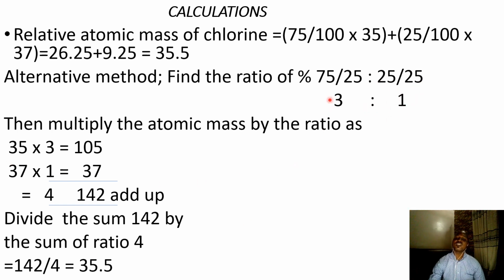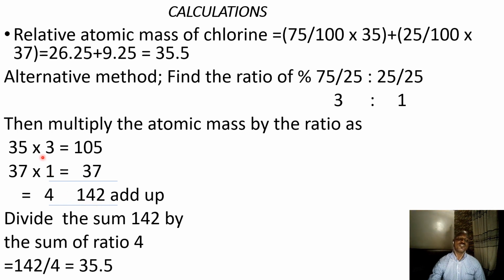Now, once you have gotten the ratio of 3:1, you multiply the atomic mass by the ratio. 35 times 3 gives us 105. Then 37 times 1 gives us 37. If you sum up these two, 105 and 37, you get 142.